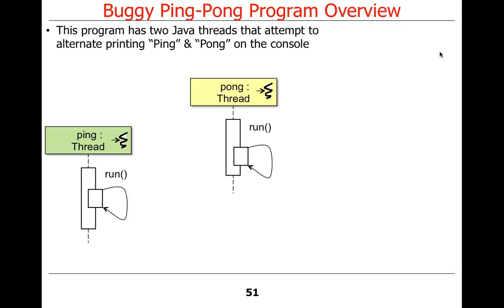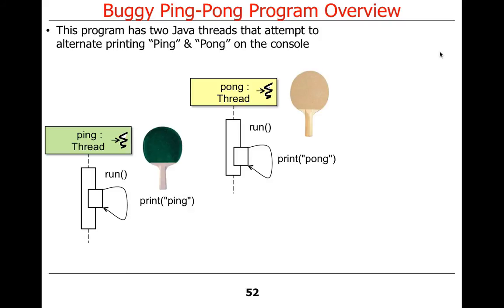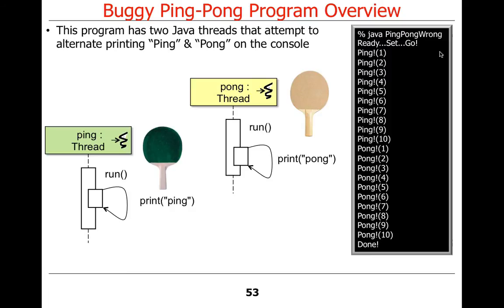This is an example that has two Java threads that are going to attempt to alternate printing ping and pong to the computer console. So one thread's going to print ping, and the other thread's going to print pong. Or that's what we want to have happen, right? So it's an alternating protocol. Well, what's going to happen when we do it with this implementation, the ping-pong wrong program, is that it is not going to give you the right order.